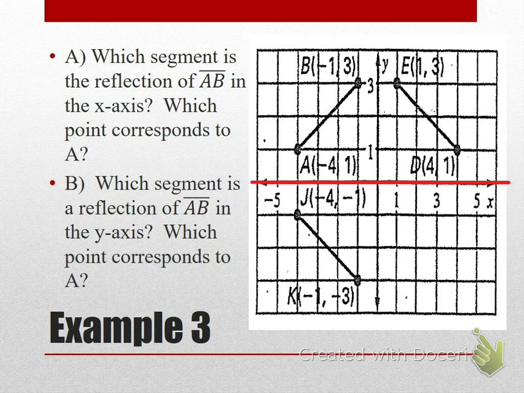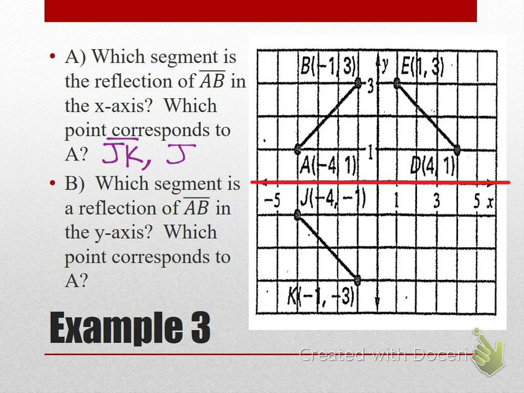JK would be the reflection in the x-axis. And which point would correspond to point A? J, the one that's closer to the line of reflection. A would turn into point J if we reflect it in the x-axis.